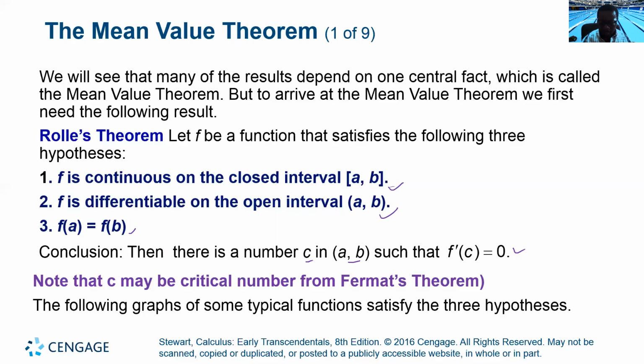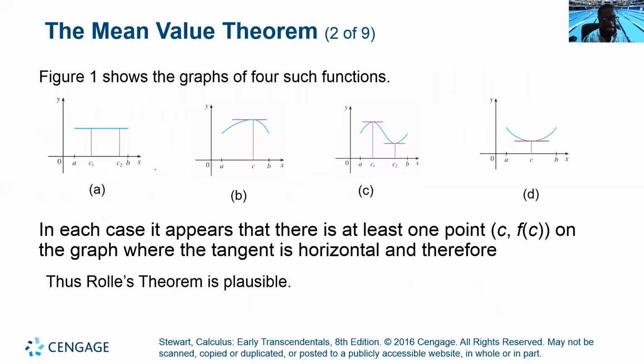Now, the following graphs depict the hypotheses of Rolle's theorem, and these are figures A, B, C, D. Notice that at C, the function is a constant function. It is continuous, it is differentiable, and the function values at A and B are equal.